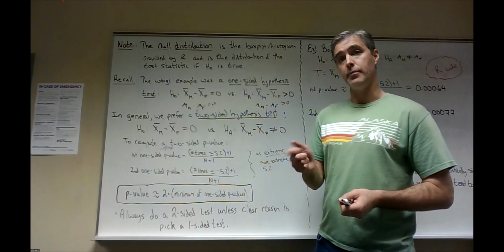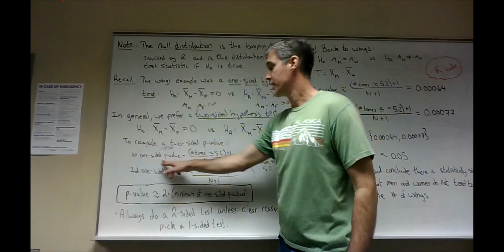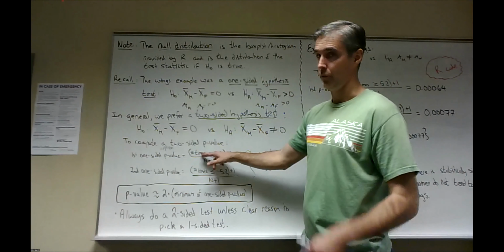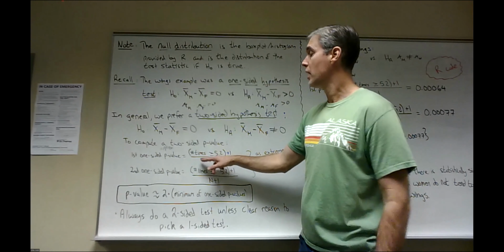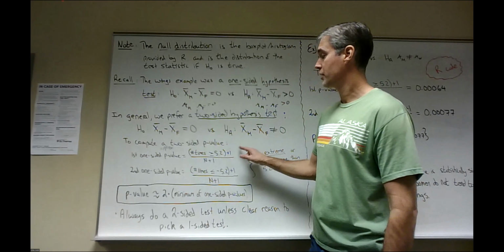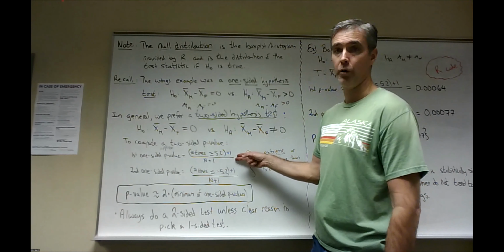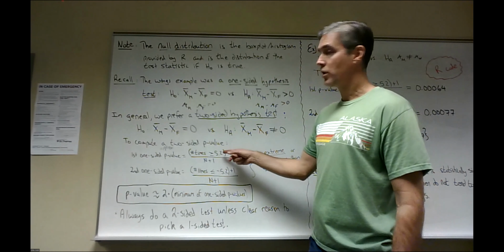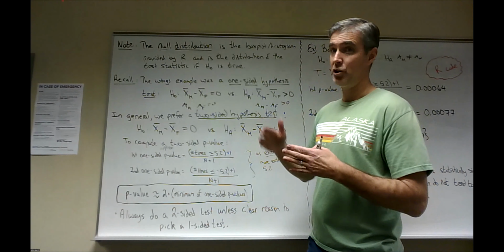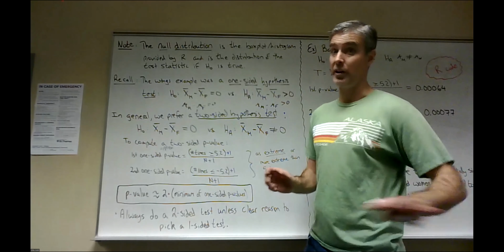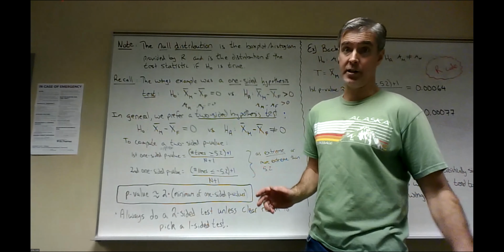All right, well, so to compute a two-sided p-value, what we're going to do is compute two different one-sided p-values. So the first one-sided p-value was the number of times the test statistic, and remember we did it 10 to the 5th minus 1 times, was greater than or equal to 5.2, plus 1, divided by n plus 1. That's what we did before. Here's the other side. To be more extreme than 5.2 means we could be 5.2 or higher, or negative 5.2 and lower, sort of like the left end of that histogram.